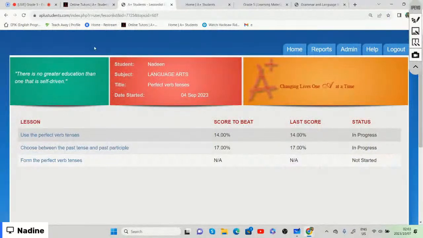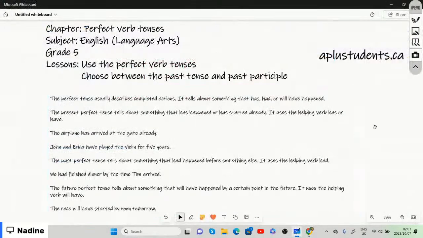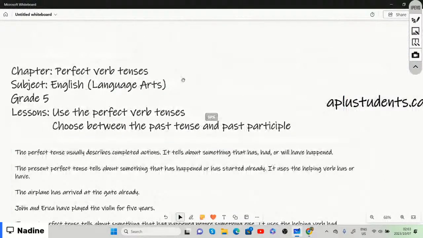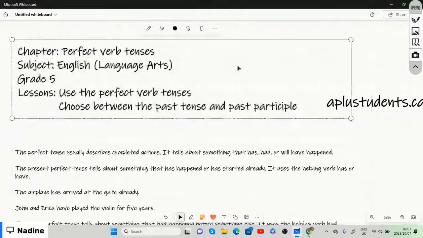All right, so perfect verb tenses, that's our chapter. Our subject is English language arts, grade 5. The lessons we're going to focus on are to use the perfect verb tenses and to choose between the past tense and the past participle.